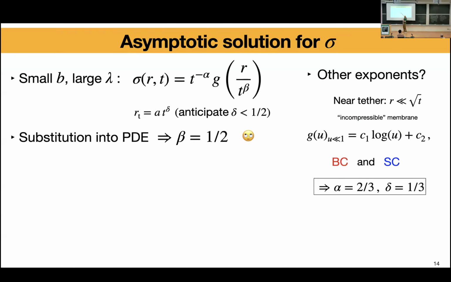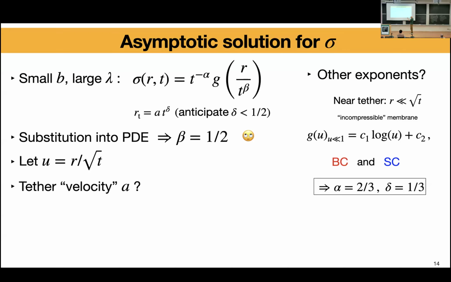The idea, if we want to find delta and alpha, assuming that delta is less than 1/2, that means that this rescaled variable u, R over T to the beta, near the tether, is going to be very small. Because if, let's say, the tether is growing with the power of 1 over 10, then on the scale measured in units of u, u is going to be very small.